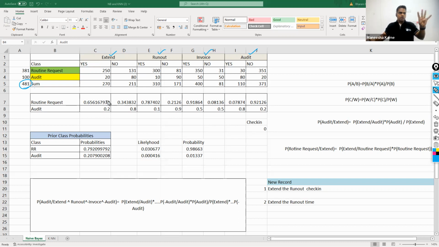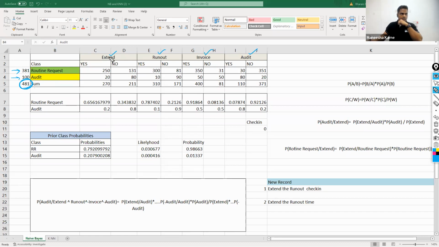Those 4 unique words are listed down here. And out of 481 requests, 381 are routine requests and 100 are audit related requests.